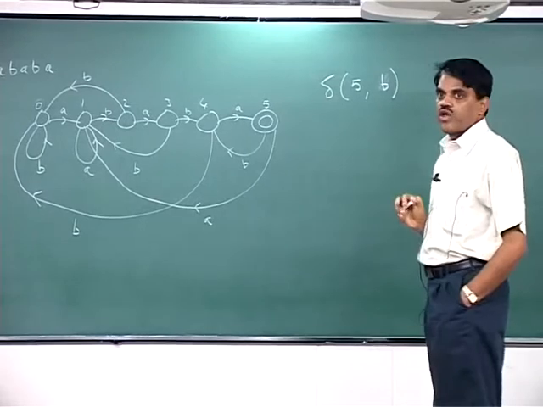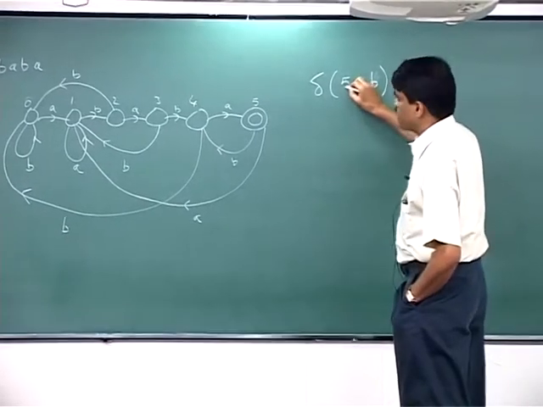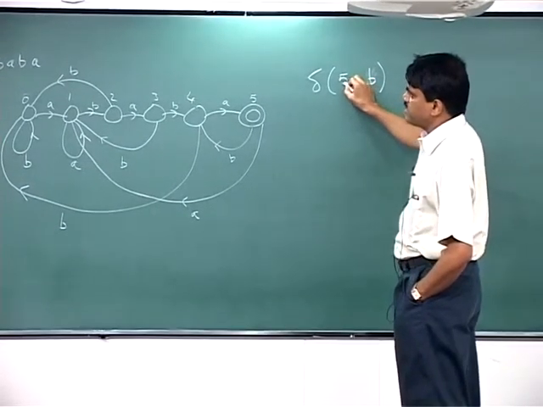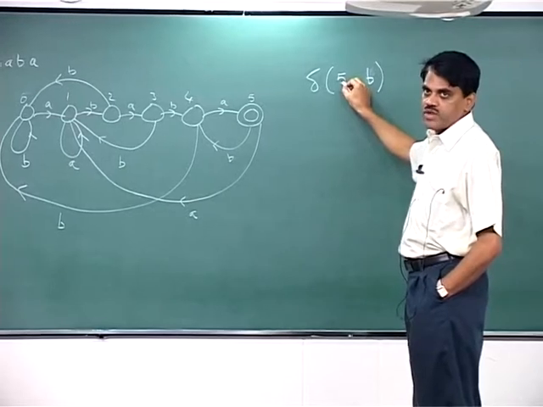I claim the following. So, if I am in 5, what does that mean? I have seen ABABA, that is why I am here, right.